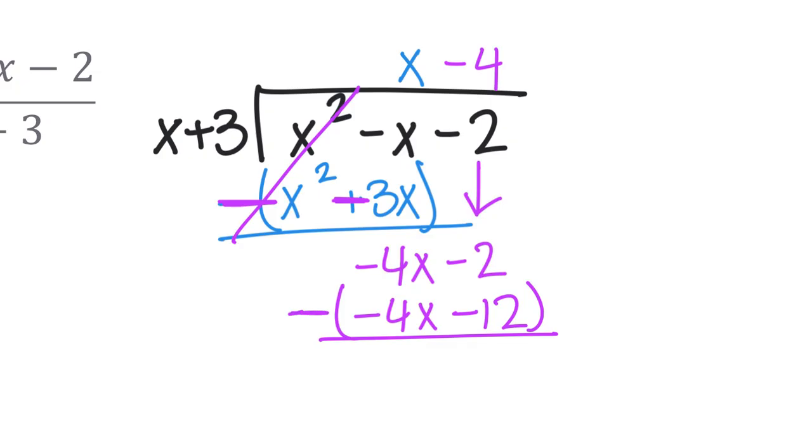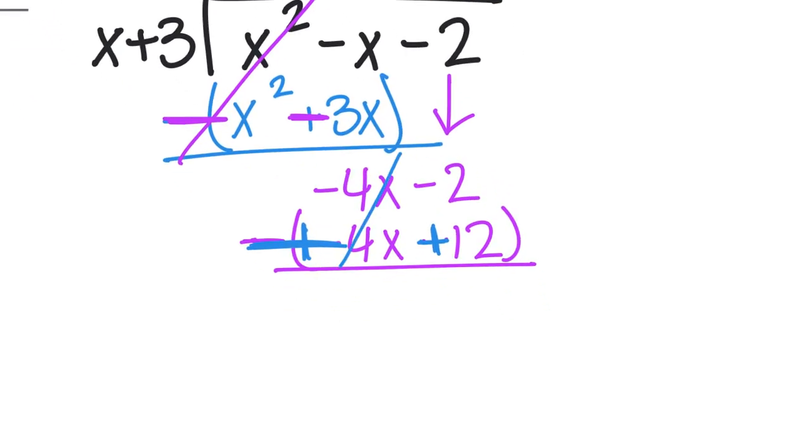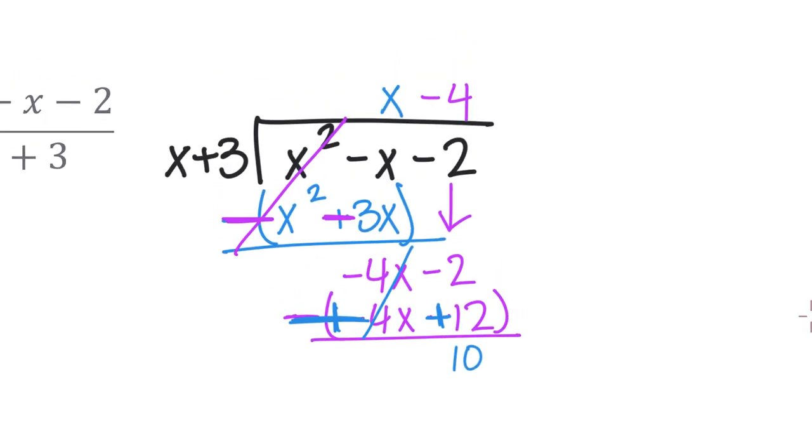So now what's going to happen with my signs? Changing them. This is going to become a positive 4x, and this is going to become a positive 12. These are going to cancel out. Negative 2 plus 12, I'm going to get 10 left over. This is my remainder.